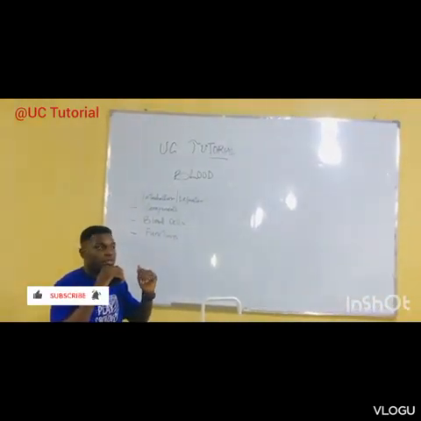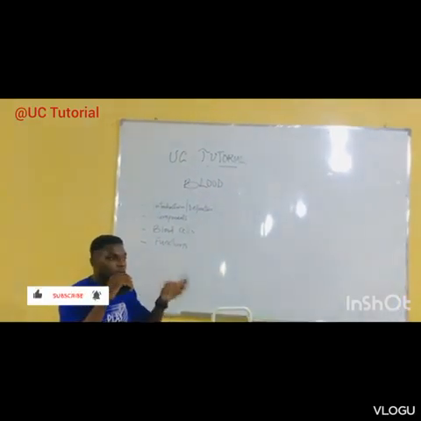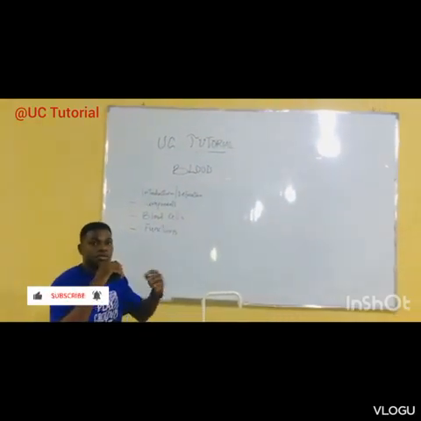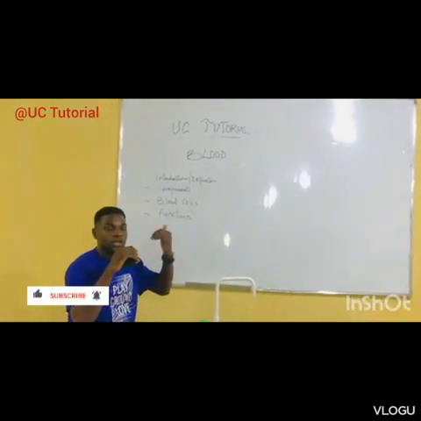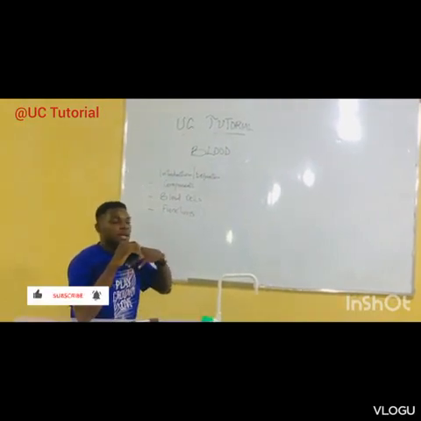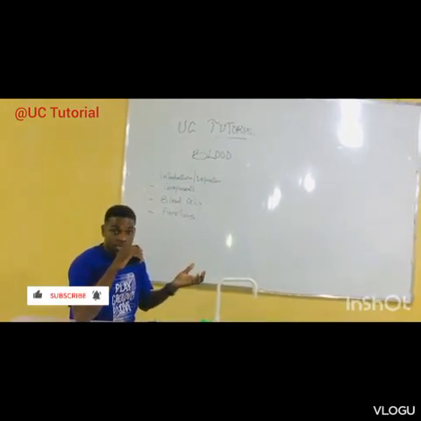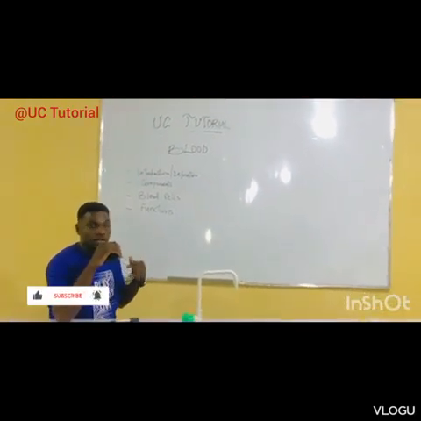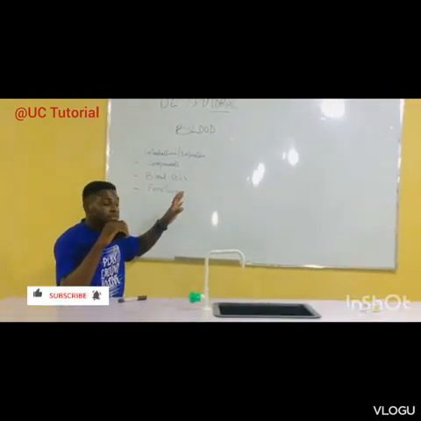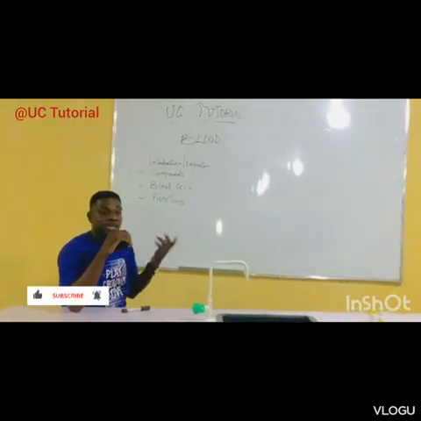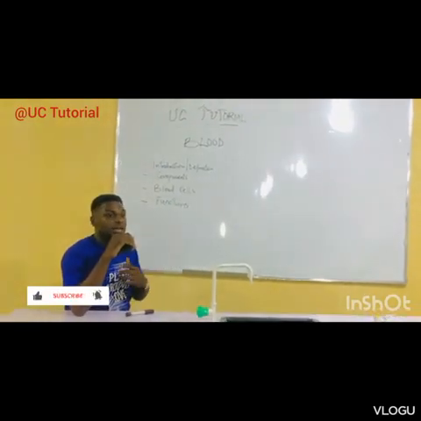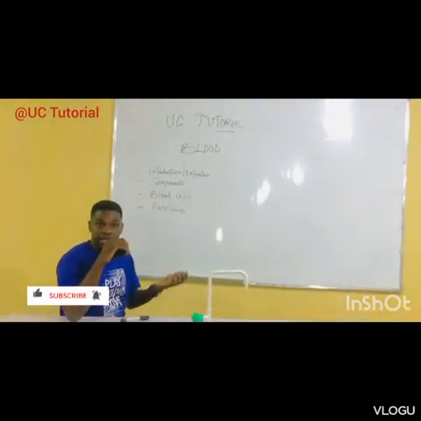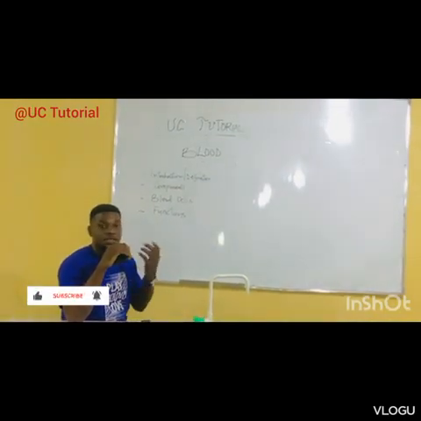We'll go deeper to know about the red blood cells. What they do is help to transport oxygen to the cells, and they help to transfer carbon dioxide out of the body. The white blood cells serve as immunity. They help to destroy foreign invaders that want to invade the body.